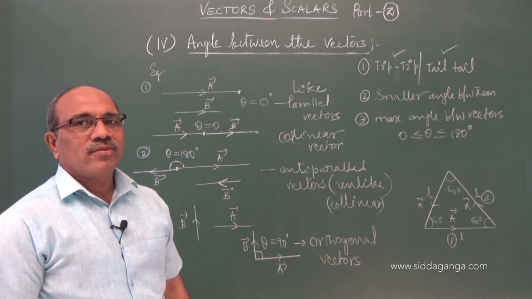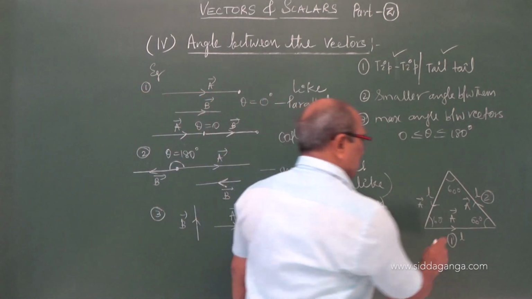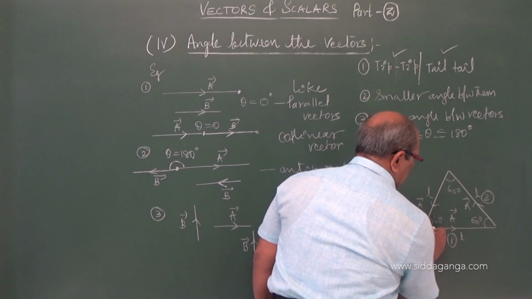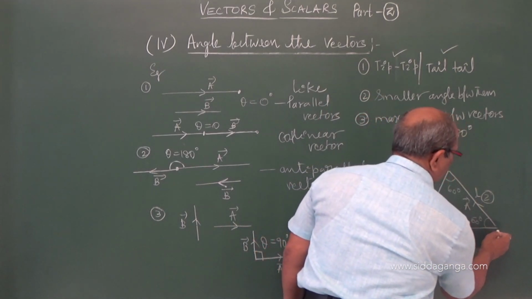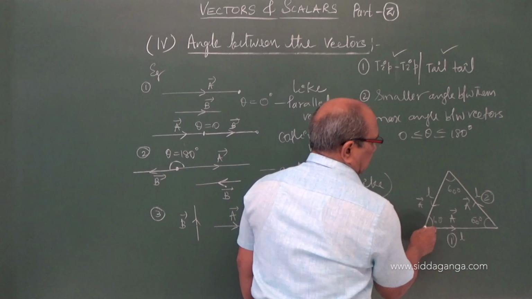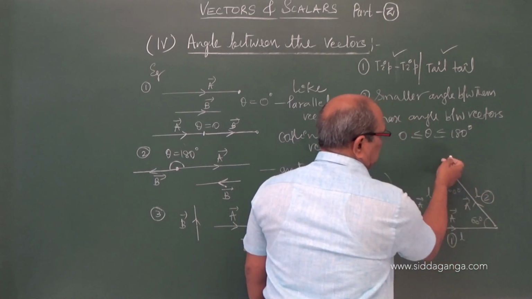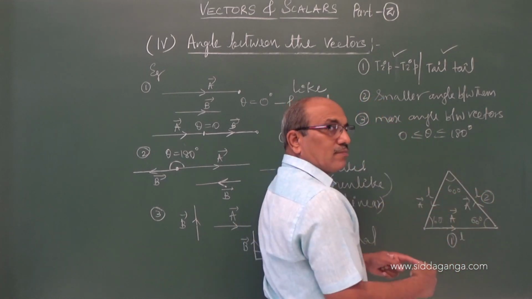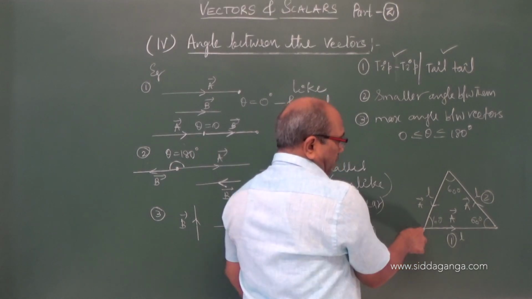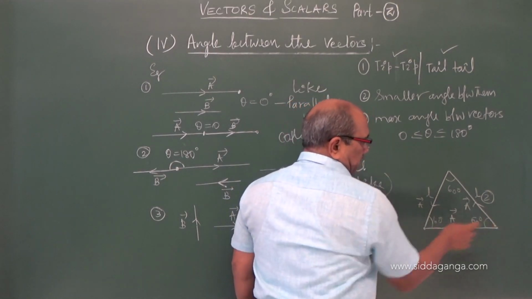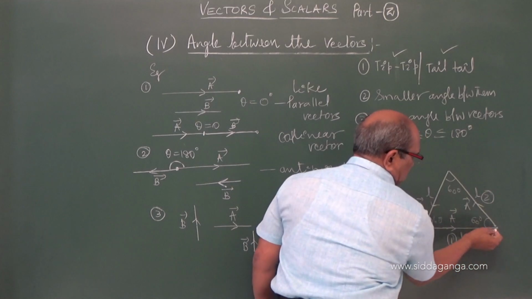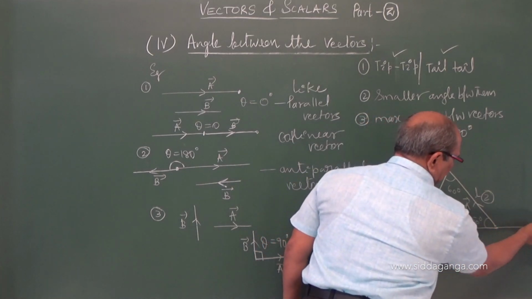No. It is not 60 degree, because vector A is acting in this direction. It is the tip, and it is the tail of the second vector, which cannot be joined. You have to make tail to tail, meaning this tail you have to shift here. That means you shift the vector towards right.